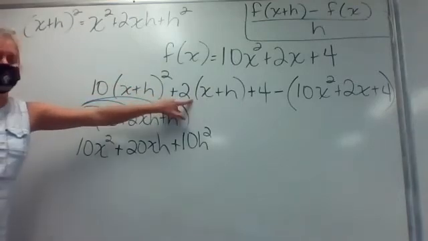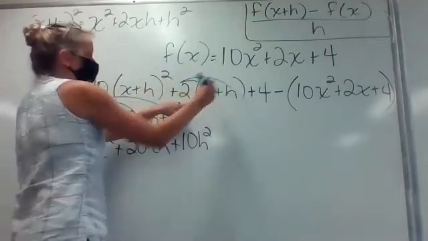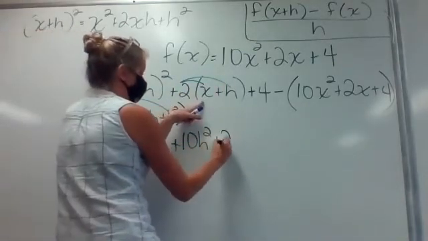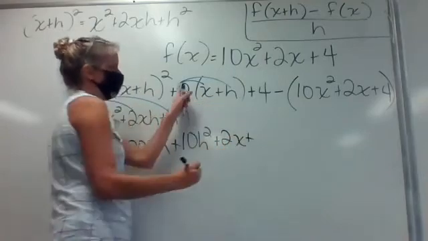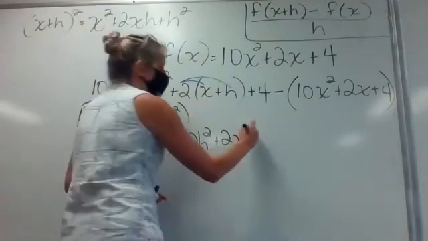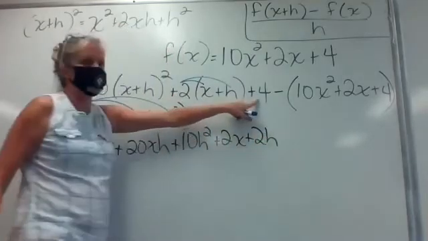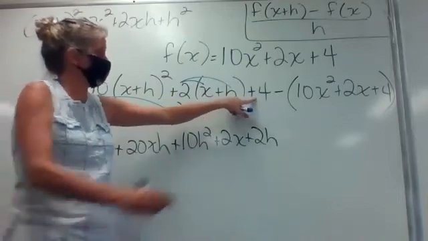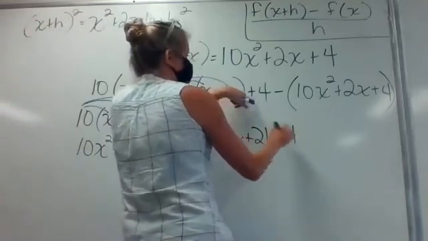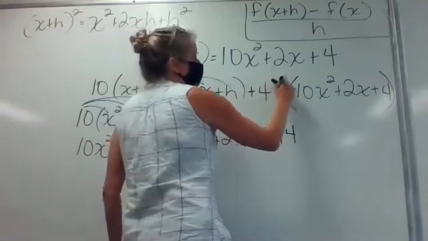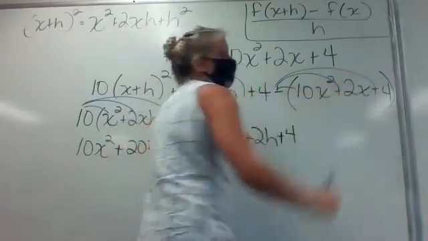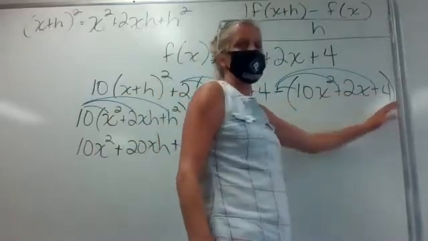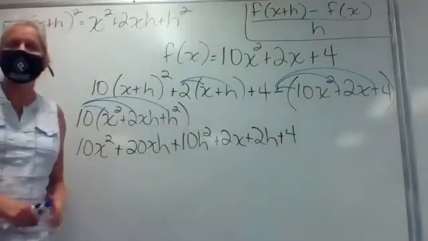Now I need to get rid of these parentheses, so I'll distribute that 2, which will give me plus 2x plus 2 times h is 2h. So distributed, got rid of those parentheses. The next thing is just bring down that plus 4. And then remember, the negative actually helps us out a lot. When I distribute it, it's going to make all 3 of these terms opposite signs and cancel something up front.